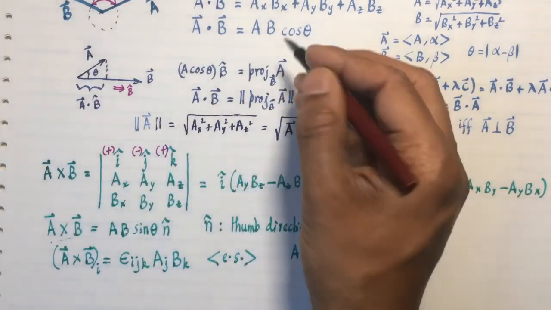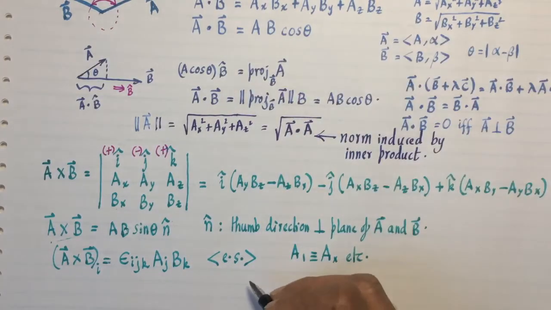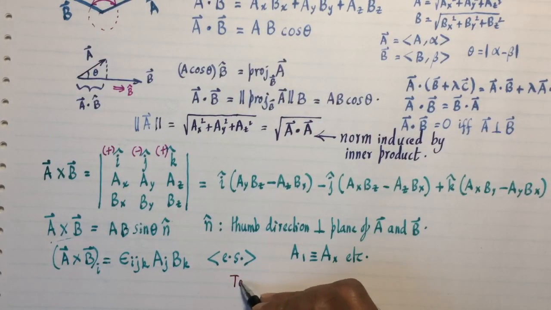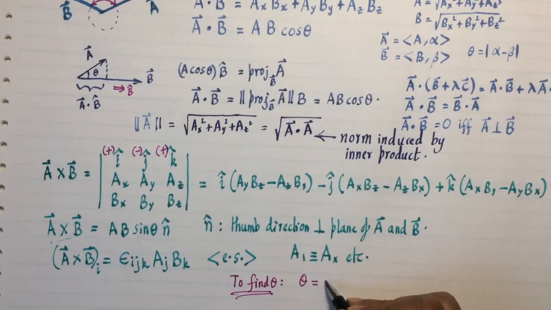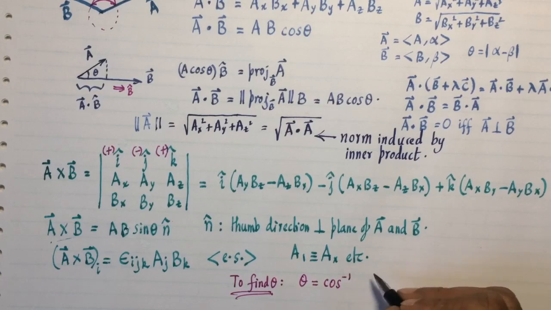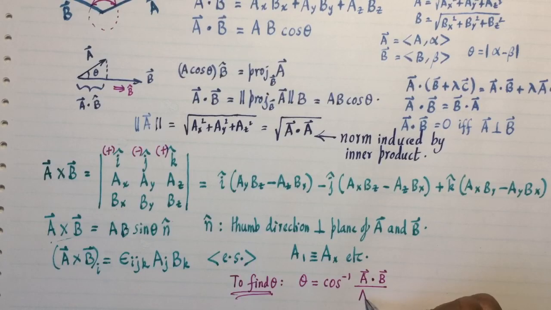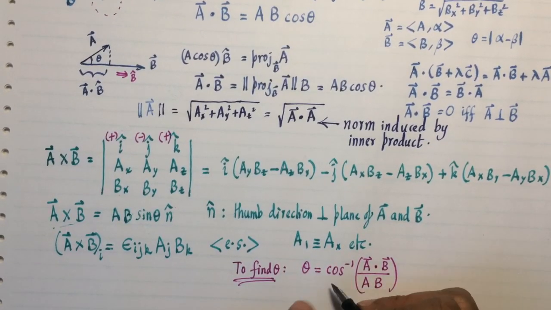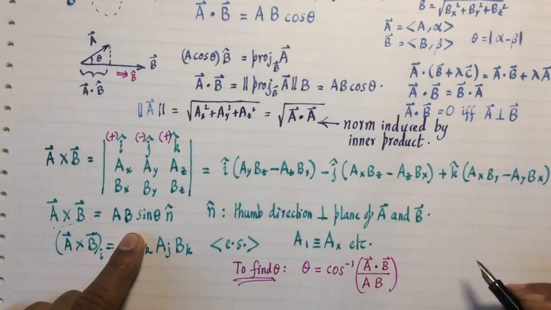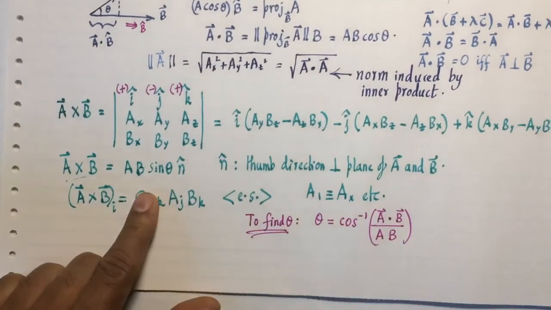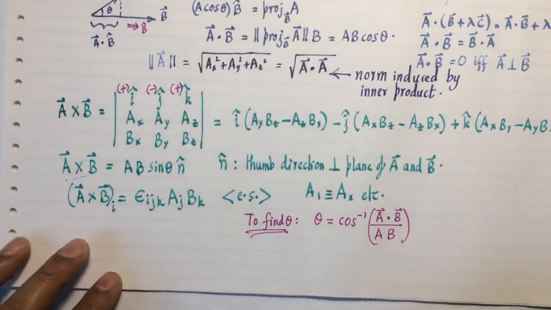One way to do it is to use the dot product. To find theta, we can follow the following crazy procedure. We can write theta equals arc cosine of A dot B divided by A times B. Once you find theta like that, then you can find sine theta by putting it back here. So it's actually a fairly arcane way of doing the computation.